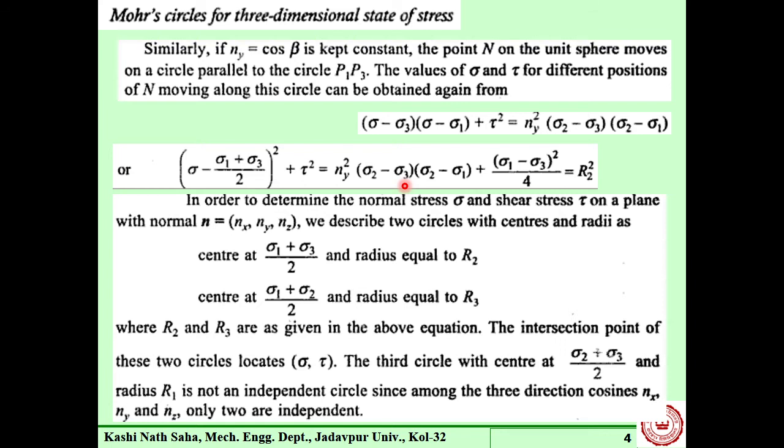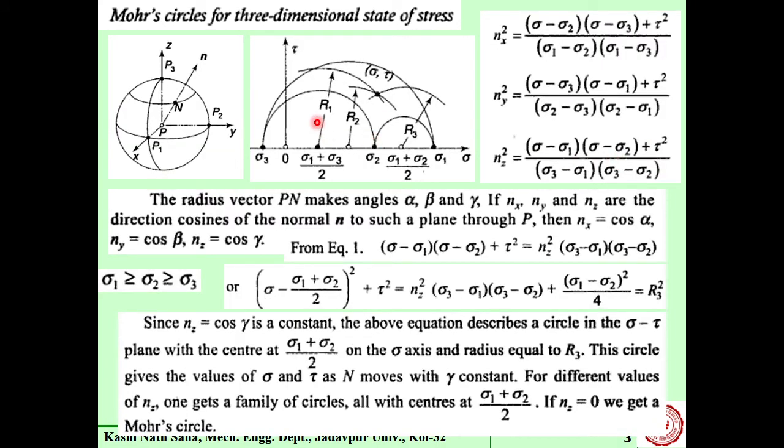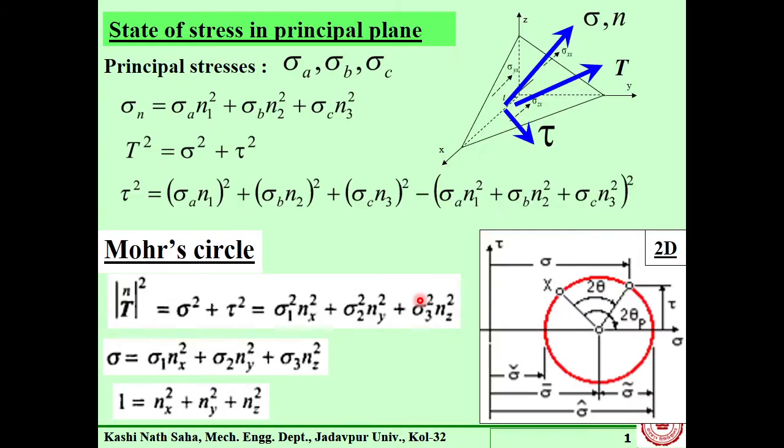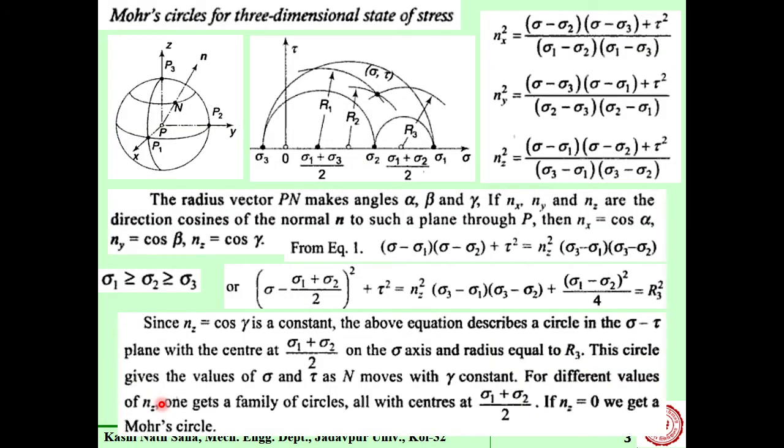So we can use that value of nx to find out the other radius R1, because R2 and R3 we have used to determine ny and nz. Now we are using this relation to find nx, and if that is known, we can find out R1.